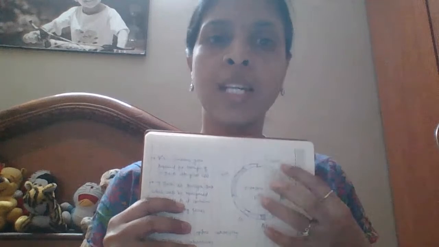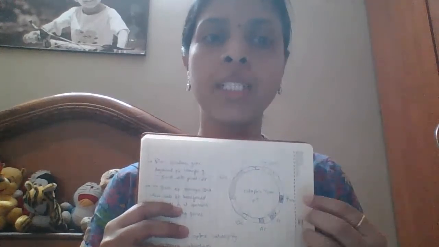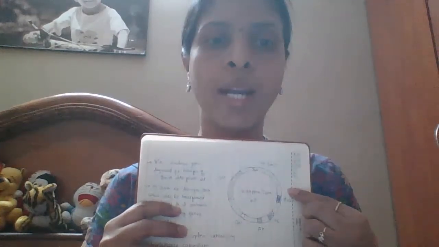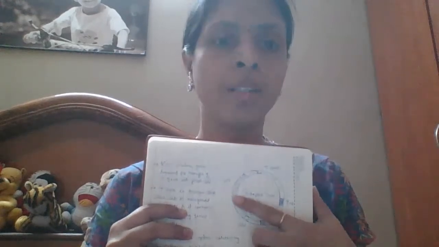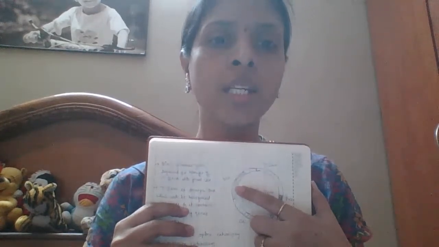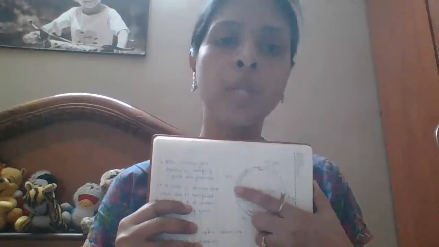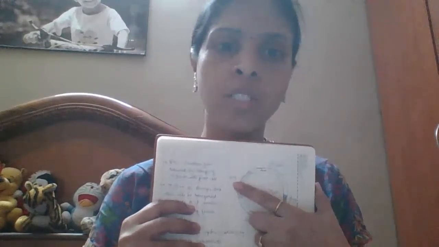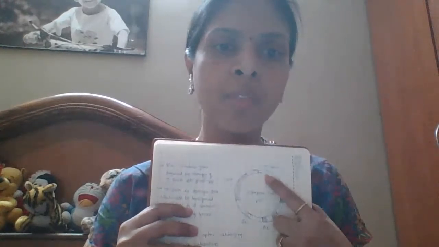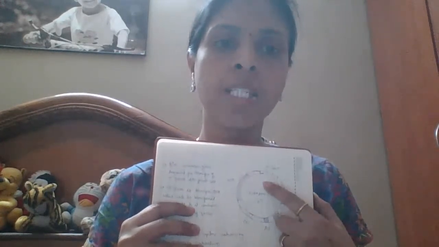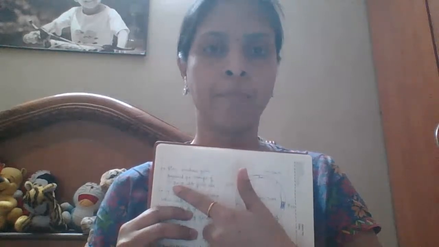Now for this transfer, different proteins or different regions are required. One is the Vir gene. What is the Vir gene? The proteins expressed from this virulence gene are responsible for transfer of this tDNA from the Ti plasmid to the plant cell.